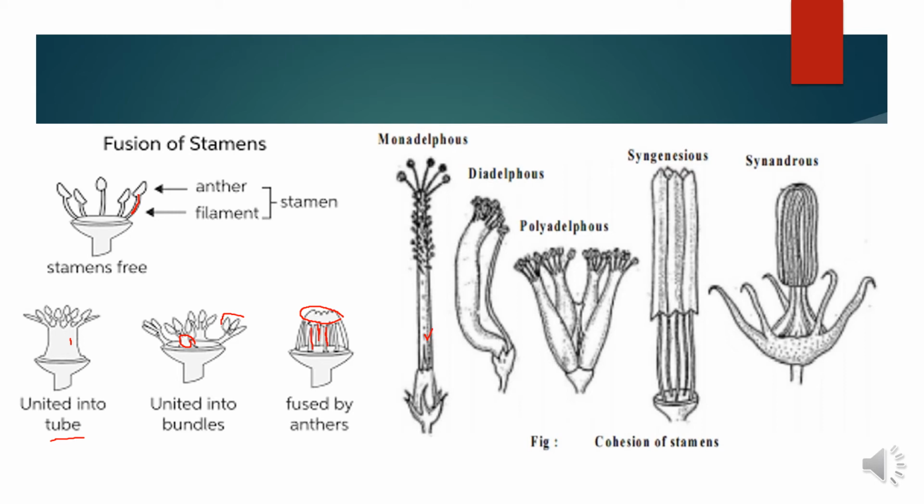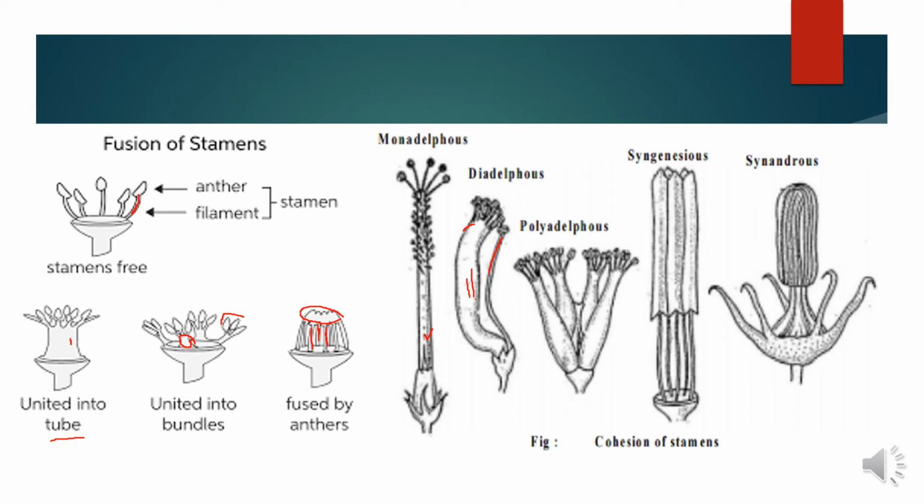That is the type of anther we find in the androecium of the shoe flower or hibiscus. Then we have didelphous, where we see that there is a single filament and another group. In this group, all the filaments are united, and a single filament is present.